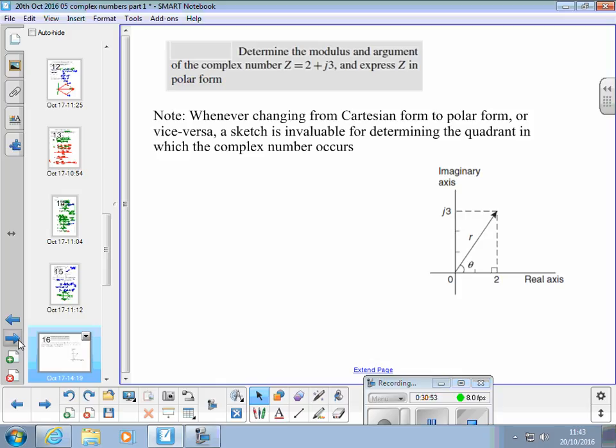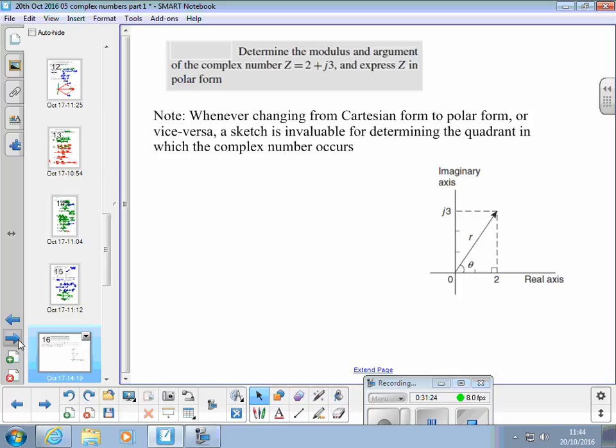So on the following page it says determine the modulus and argument of the complex number z equal to 2 plus 3j and express z in polar form. Quite often useful to sketch the problem so that you know what quadrant you are in.